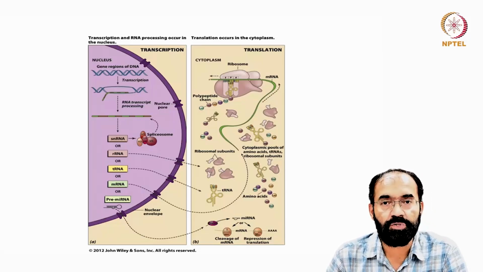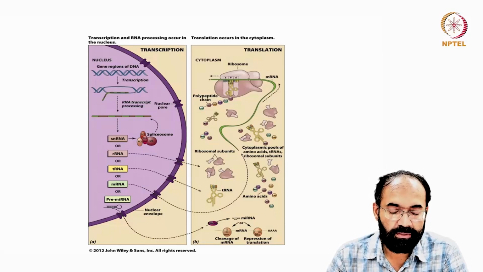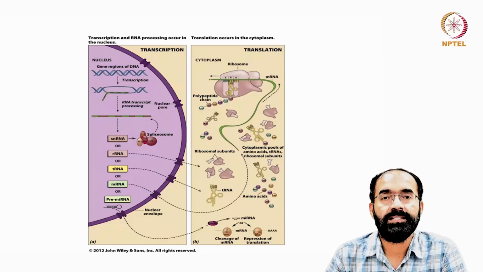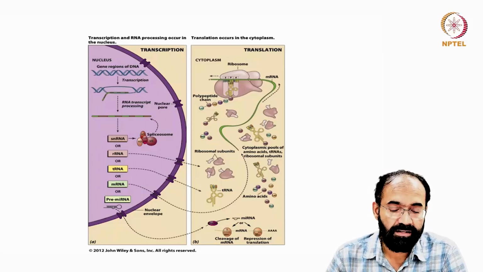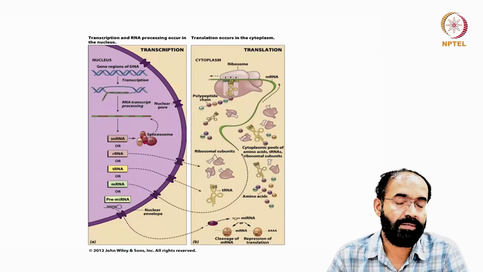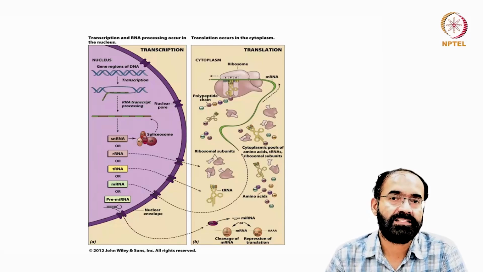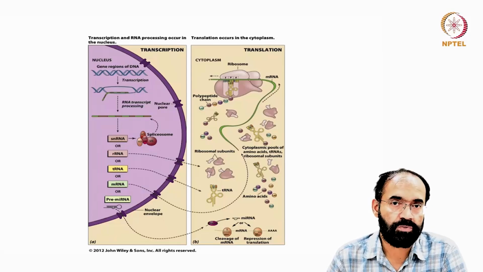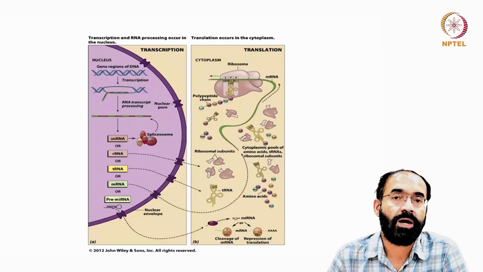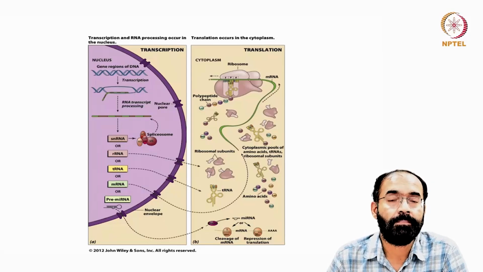And once it is matured, it has to come out through the nuclear pore complex. So the nucleus is a 3-dimensional structure which has got openings in multiple places, and we refer to these as the nuclear pore, just like doors in your house. If you want to move from one room to another, you have doors. To enter from outside into your house, you need to have a door.